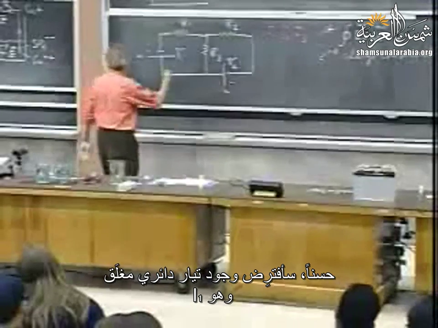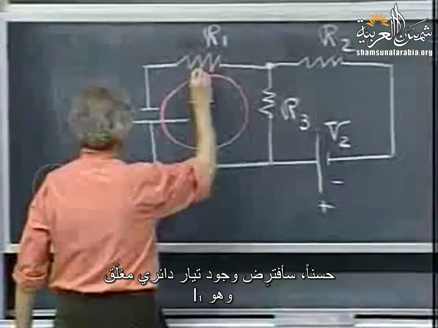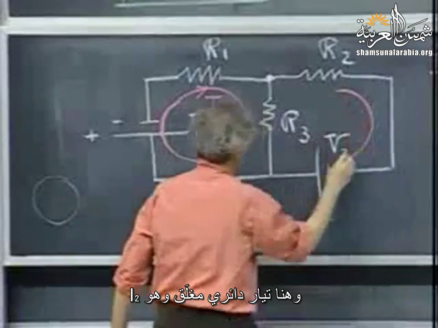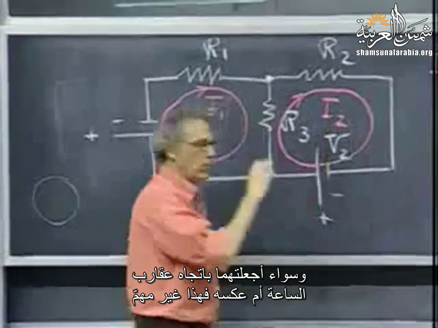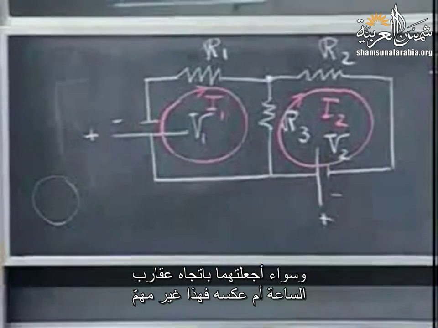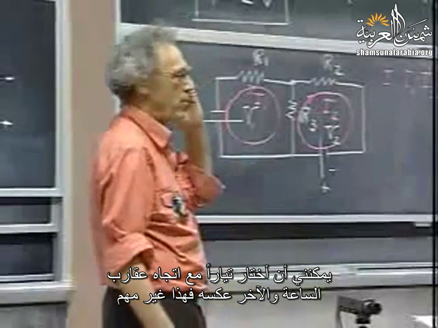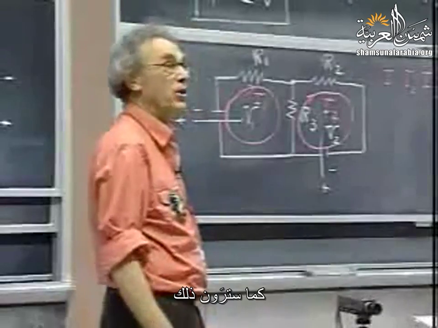I say, okay, I assume that there is a closed loop current here, I1, and that there is a closed loop current here, I2. Whether I make them clockwise or counterclockwise, unimportant. I could have chosen one clockwise, the other counterclockwise, unimportant. However, once I choose a direction, it has consequences, as you will see.